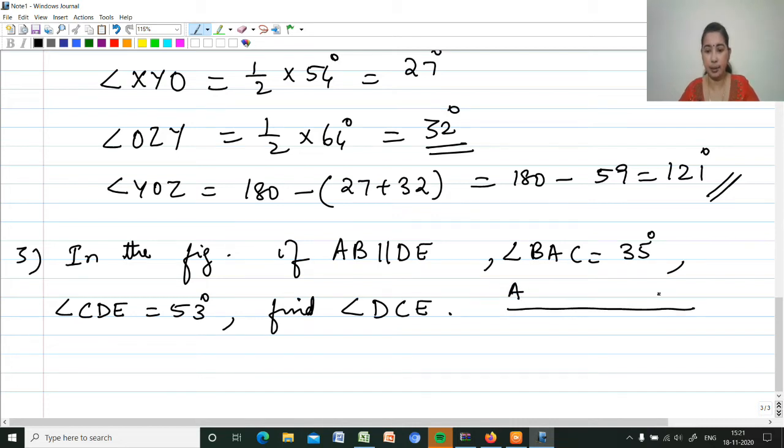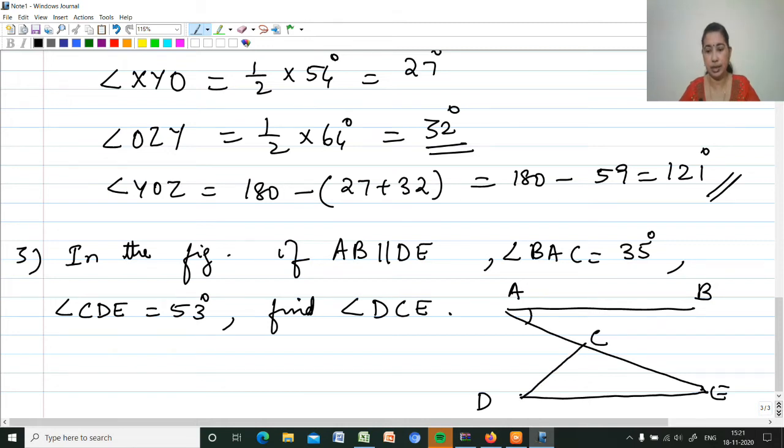This is AB. This point is E, and here this is D. This angle is given as 35 degrees, that is BAC is 35 degrees and CDE is 53 degrees. Given that AB is parallel to DE.